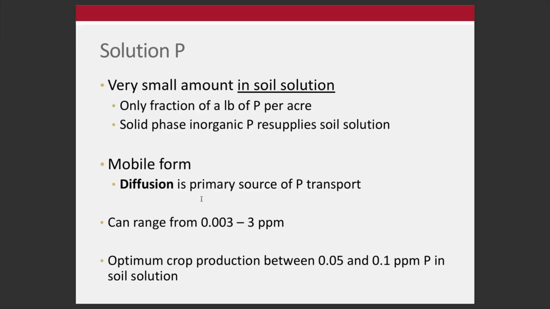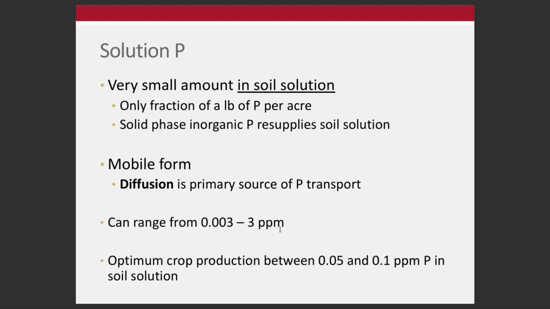And so ranges of solution phosphorus can be 0.003, maybe up to 3 parts per million. That's essentially 3 phosphorus molecules for every million, say, water molecules. And that's a relatively small amount.